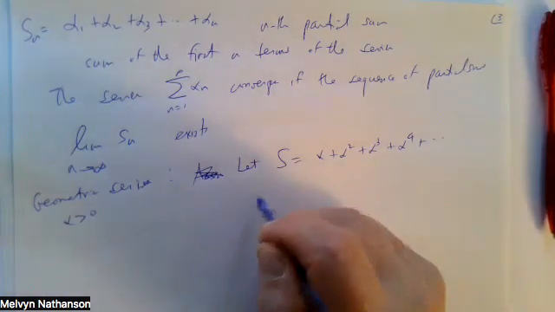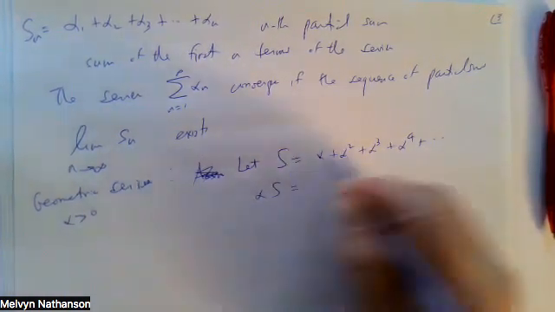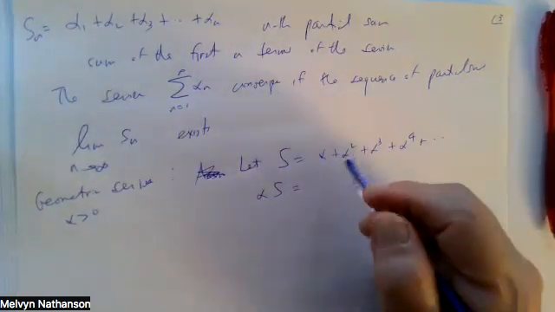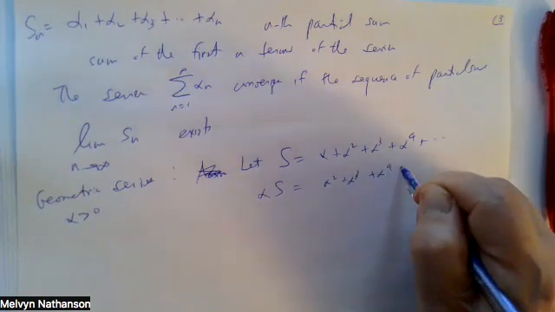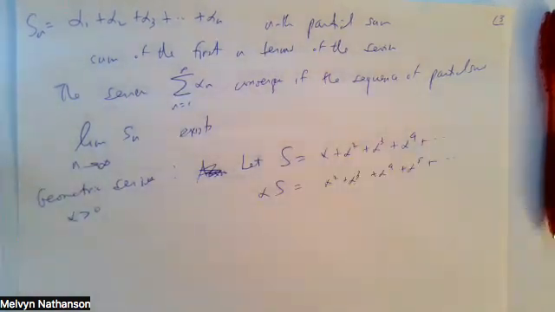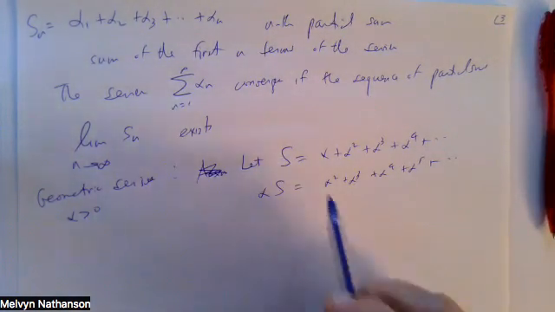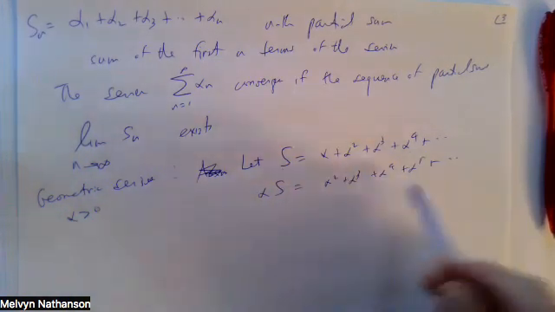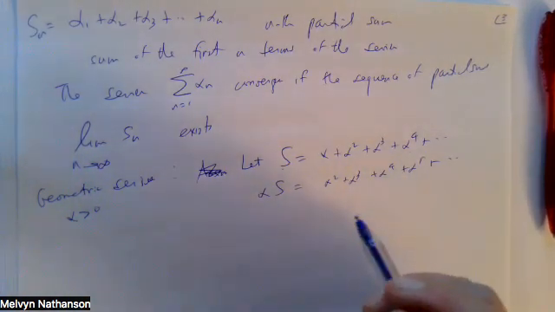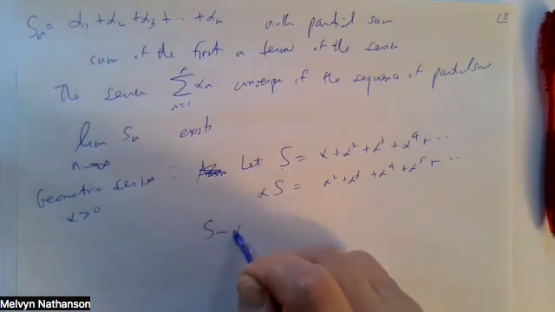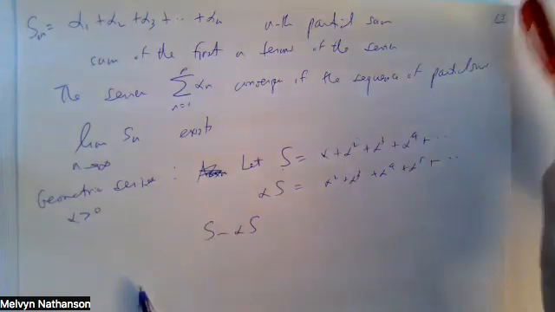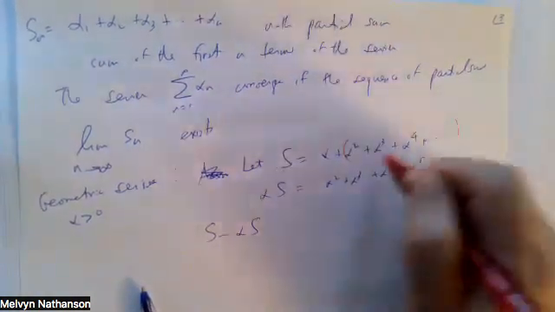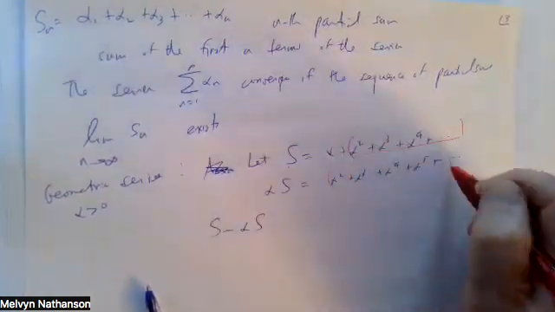If you multiply S by alpha, you're multiplying every term of this series by alpha. You get alpha squared plus alpha cubed plus alpha to the 4th plus alpha to the 5th and so forth. Right? So take this number and multiply it by alpha. And if you subtract S minus alpha S, when you take this series and subtract this series, all these terms cancel these terms, and you're just left with alpha.